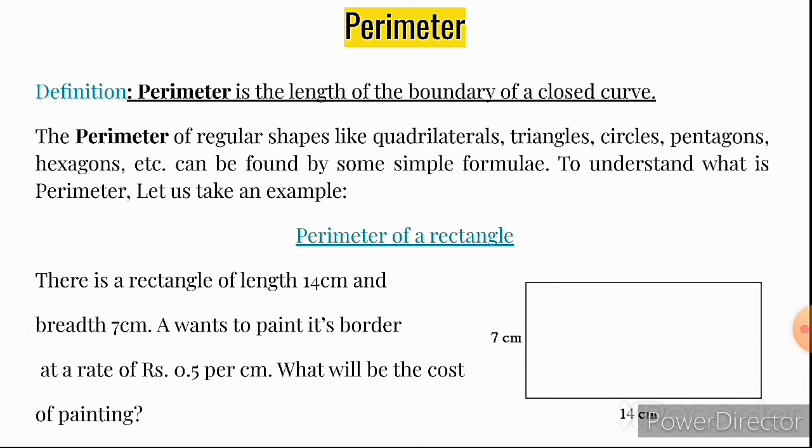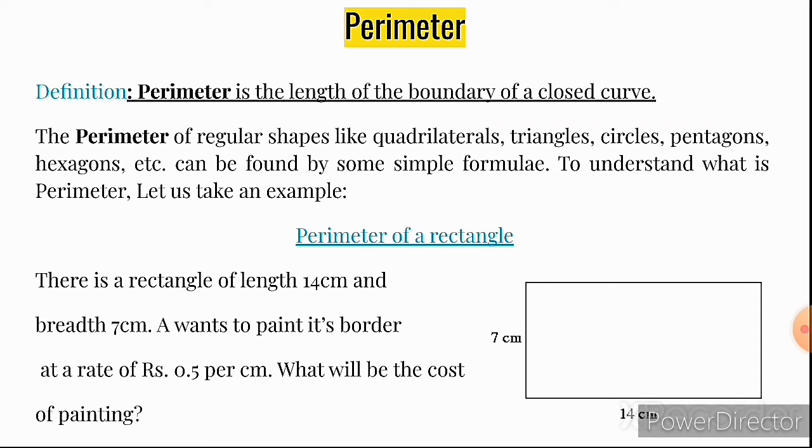The definition of perimeter is the measure of the boundary of a closed curve. A closed curve can be a polygon as well as a circle, right? Or any random shape as well, but it must enclose some area on the surface on which it is drawn, right?